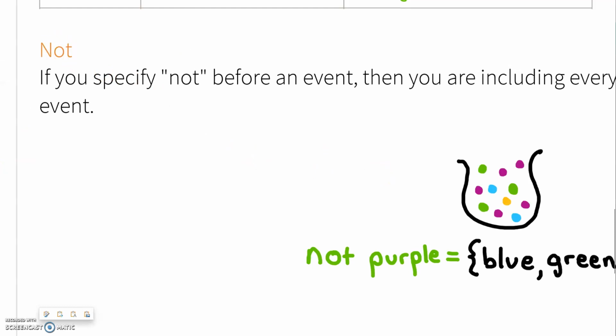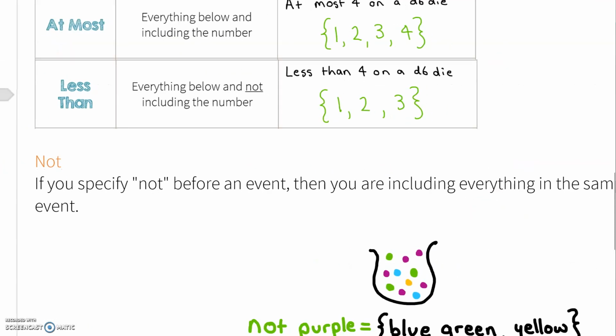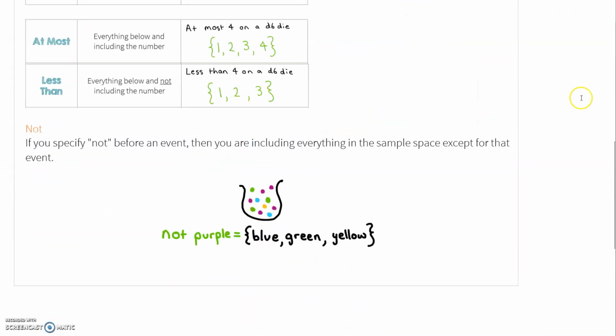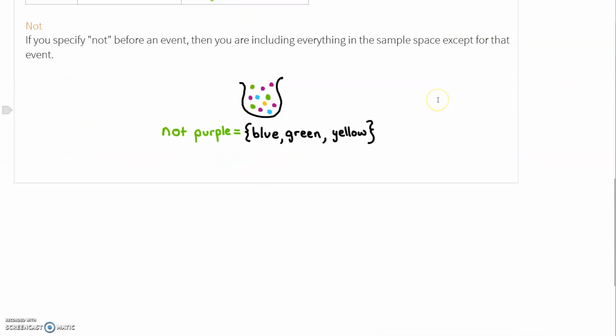All right, so the last one is probably the most straightforward word, which is the word not. So if we say something is not happening, then you guessed it, it's not happening. If we get more specific about it in probability and we want to get more technical with our definition, here we're including everything in the sample space except for that event.